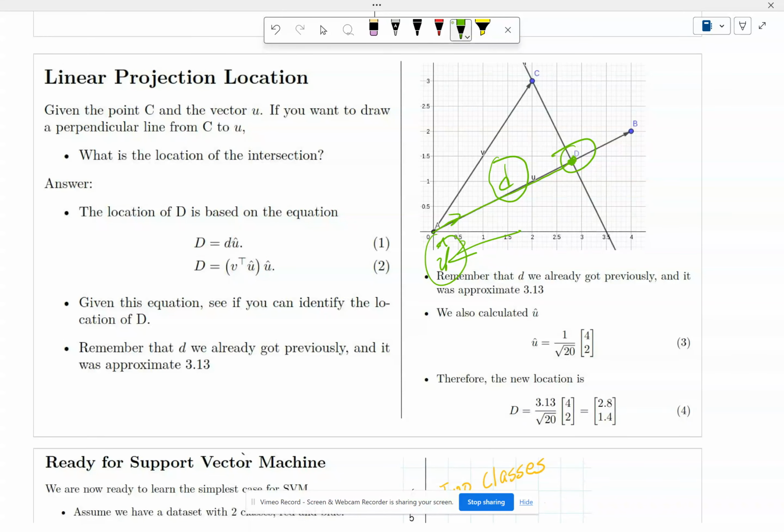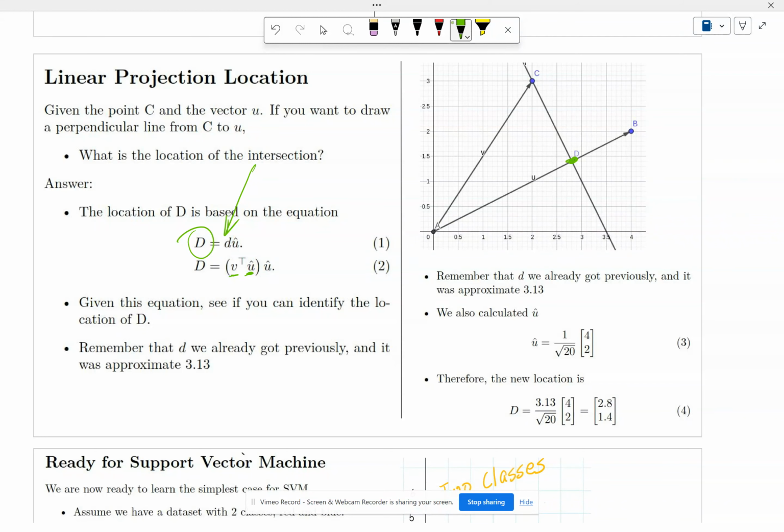So as you can see, if we multiply d, which is this, by the vector of length 1, that will give us capital D, which is right here. And I told you previously, we got the distance by taking the inner product of u hat and v transpose. Now, given this equation, we can identify exactly what this location is.